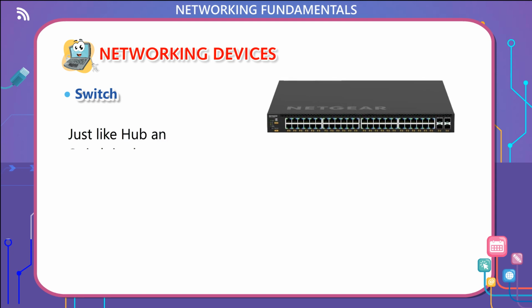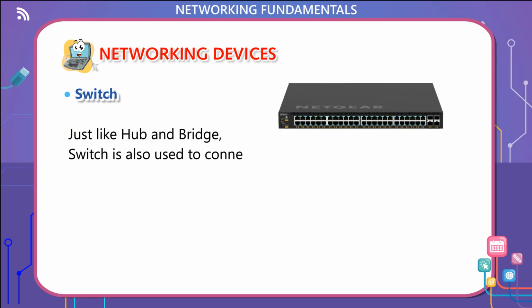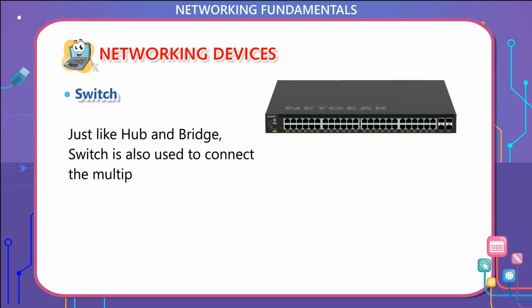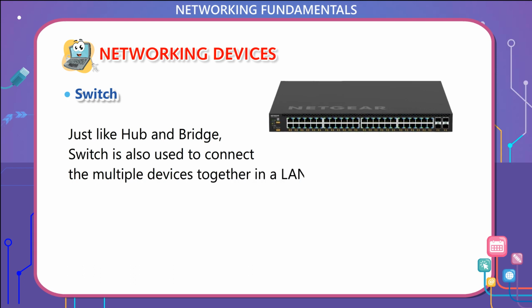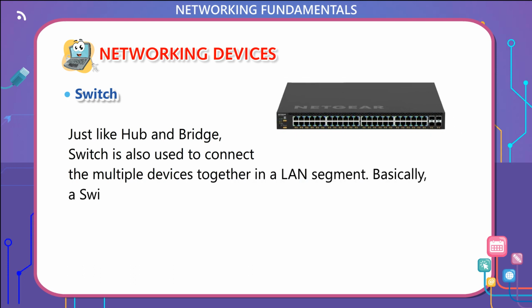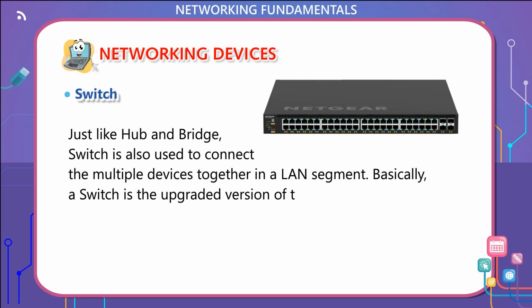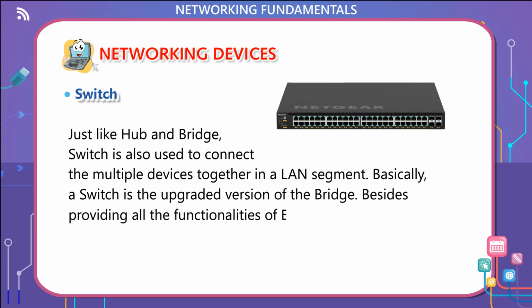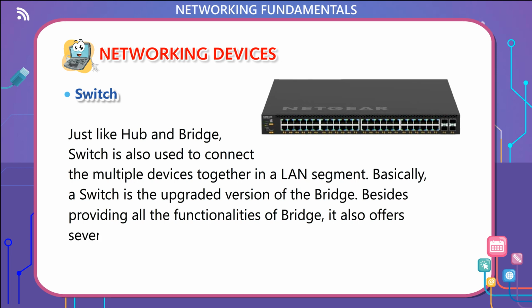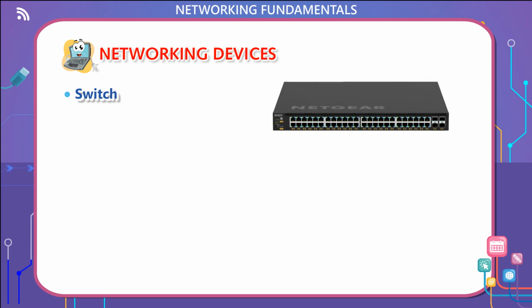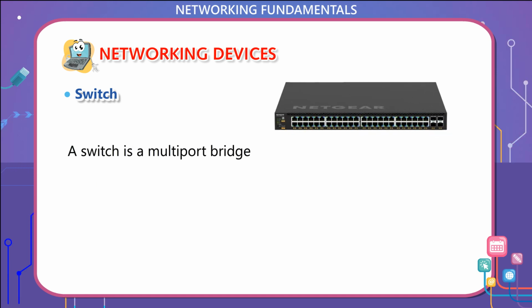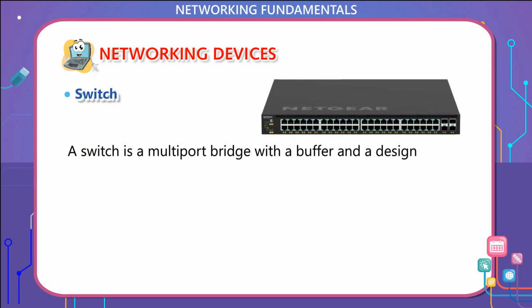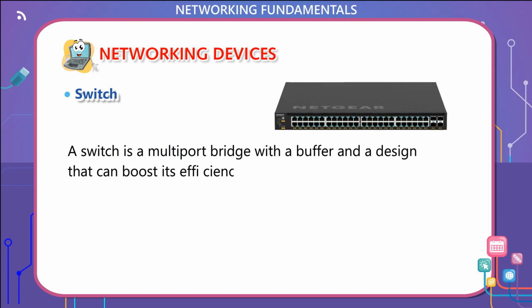Switch. Just like hub and bridge, a switch is also used to connect multiple devices together in a LAN segment. Basically, a switch is the upgraded version of the bridge. Besides providing all the functionalities of a bridge, it also offers several additional features. A switch is a multi-port bridge with a buffer and a design that can boost its efficiency.